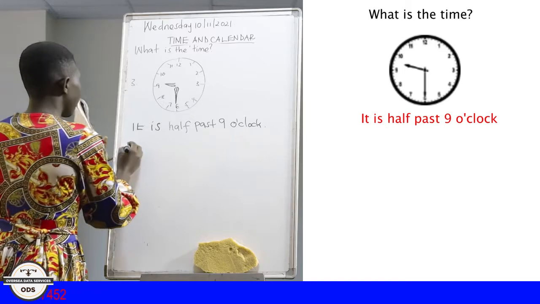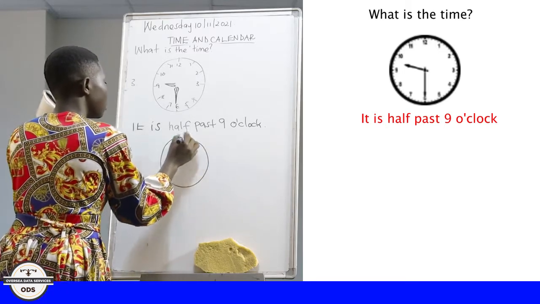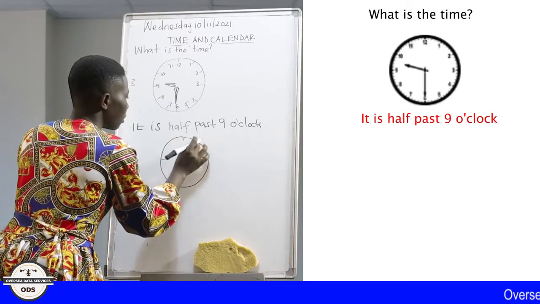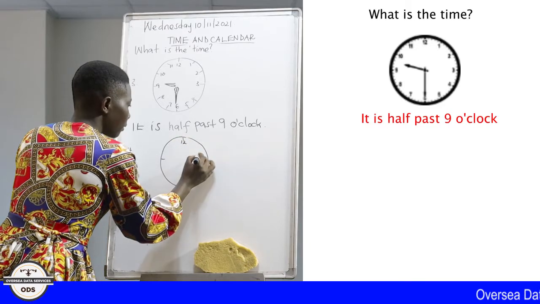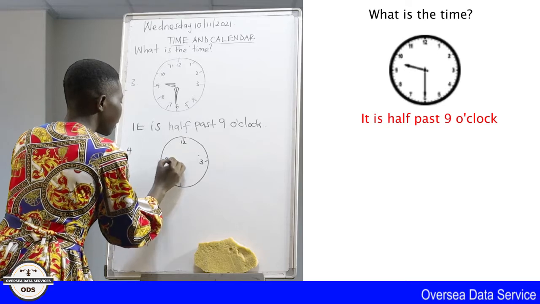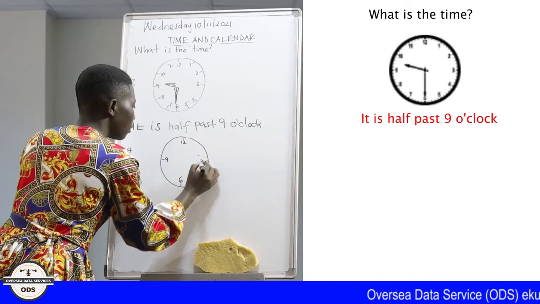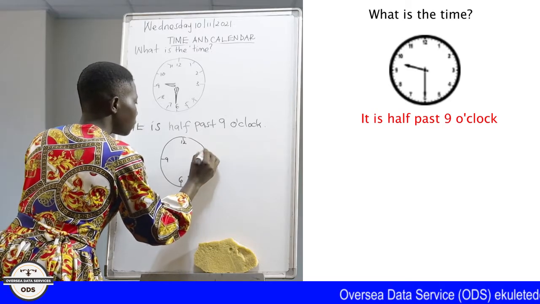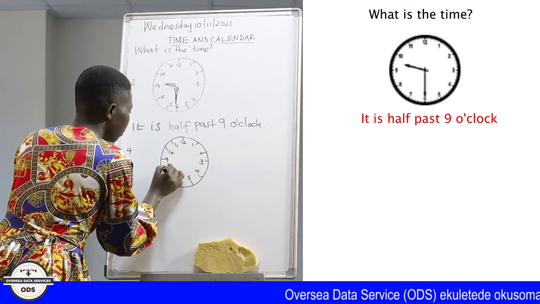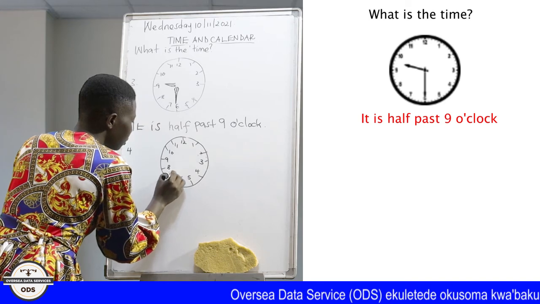Let us read another time here. We have 12, we have 3 here, we have 9, we have 6, we have 5, 4, 2, 1, 11, and 10, 8, and 7 here.